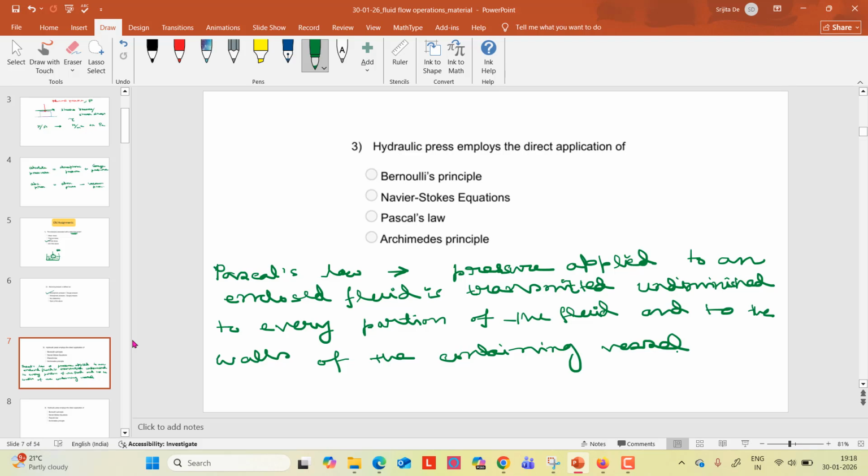Right? So this is Pascal's law, that if you give a pressure in an enclosed fluid, it is transmitted to every portion of the containing vessel.